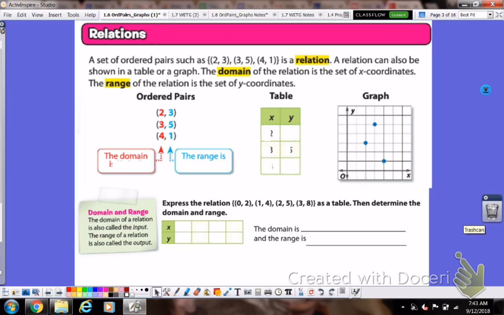So checking out some examples here. We take a look at these ordered pairs. We have (2, 3), (3, 5), (4, 1). The domain, notice we use bracket notation, would be {2, 3, 4}, because it is our x coordinates. And then the range, again in brackets, will be {3, 5, 1}, because that is your y values.